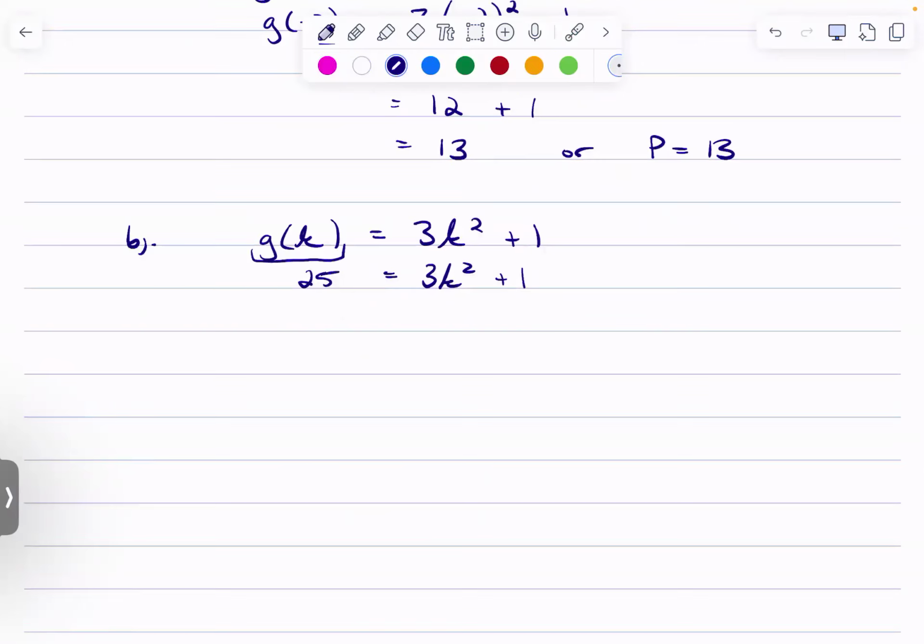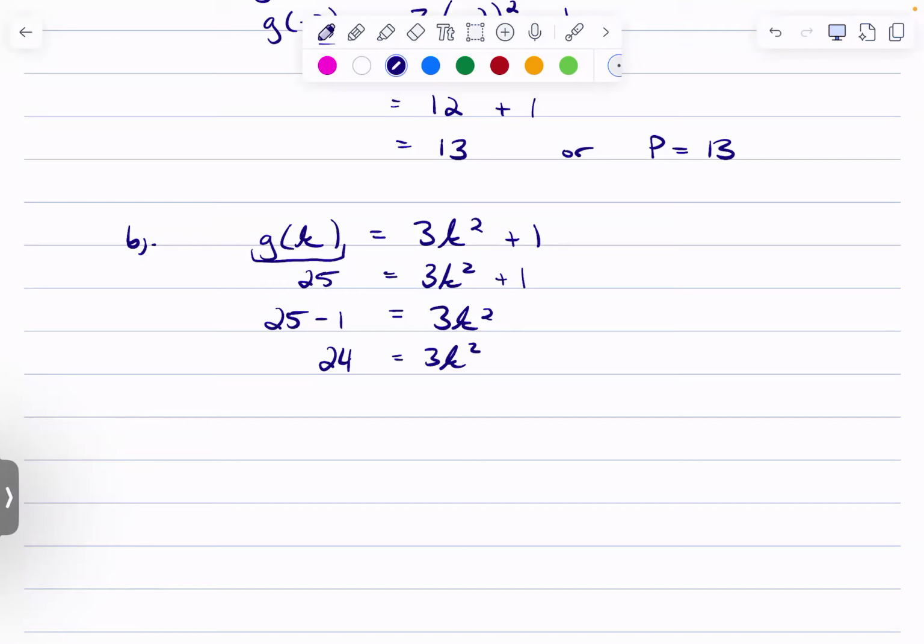So I have 25 minus 1 is 3k squared. So 24. Then 24 divided by 3.